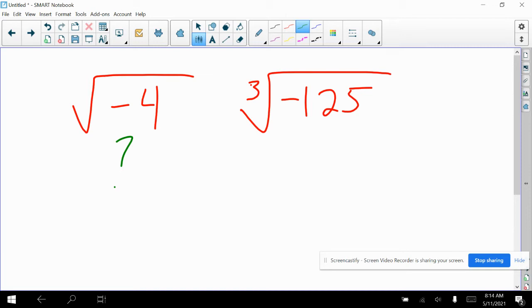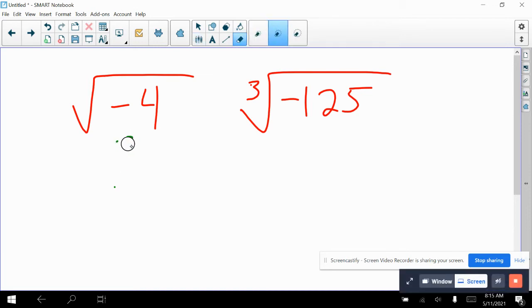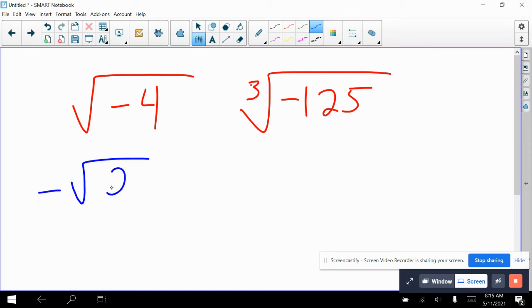Now, when we have cube roots and a negative on the inside, right? Now let's go backwards here. What about this? You should know the answer to this. What do we got now? Grayson?